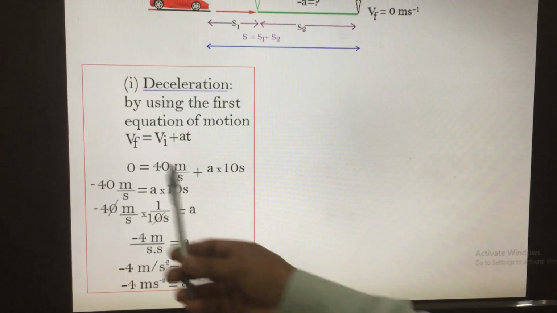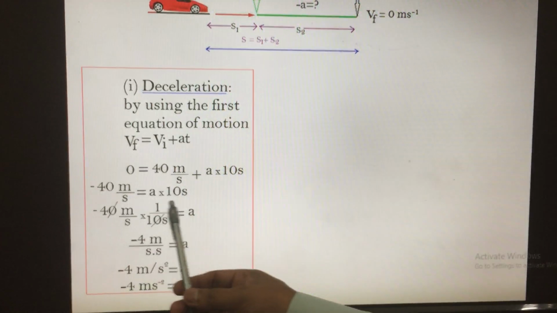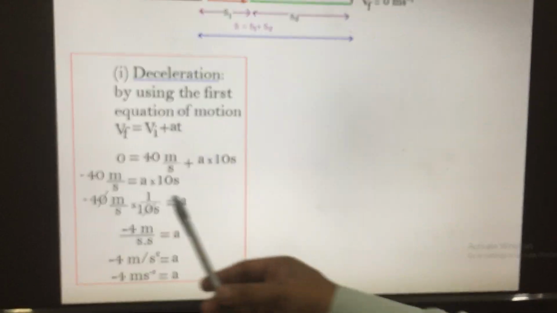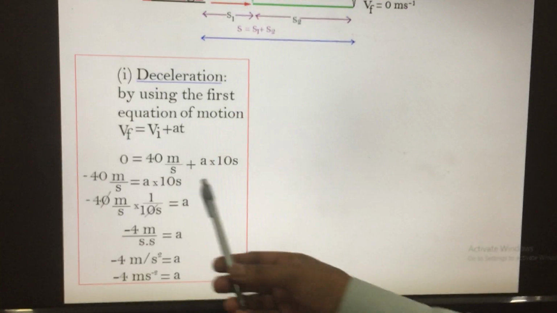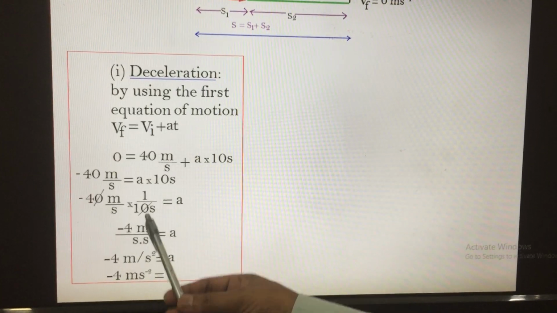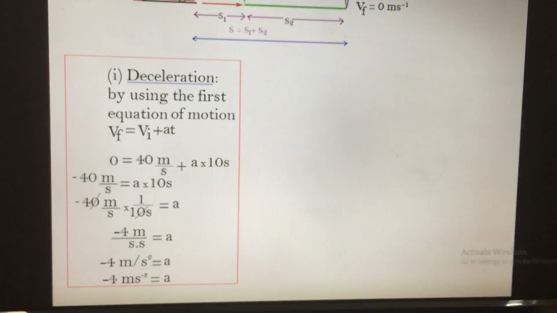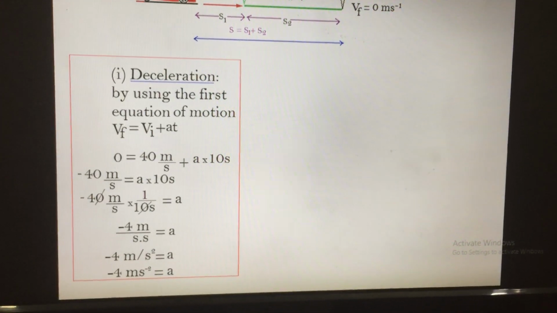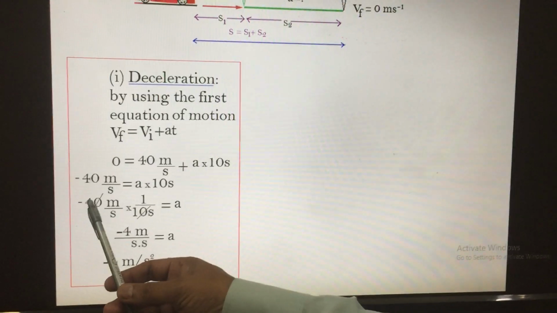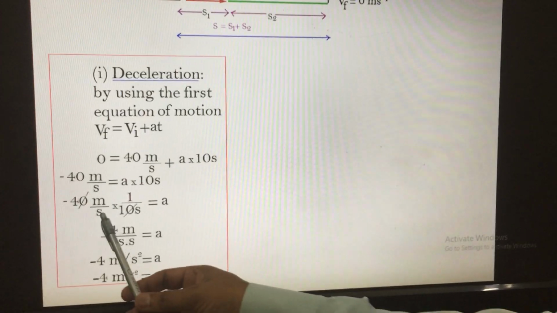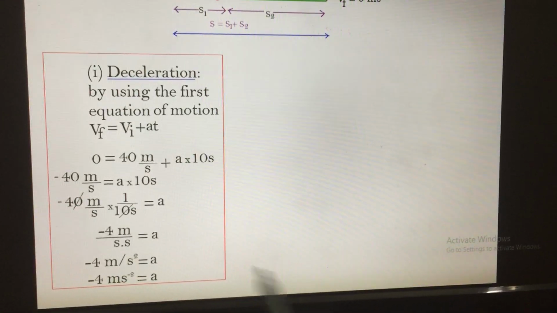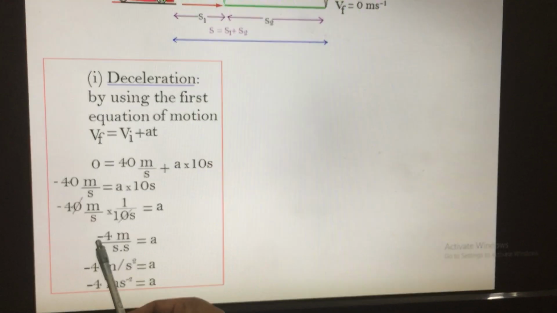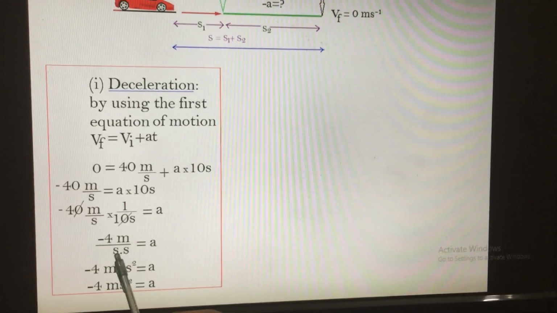And when this 10 seconds goes to the other side, here it is multiplying with acceleration, but when it goes to that side, it will get divided. So 10 will go to the denominator. Now this 0 is cancelled by this one, right? So we have minus 40 meters per second over 10 seconds, which gives minus 4 meters per second per second.